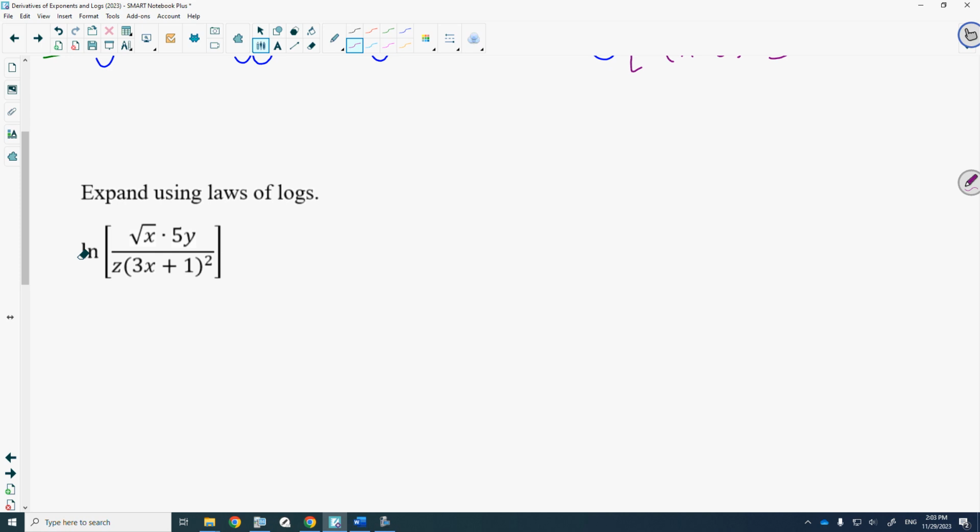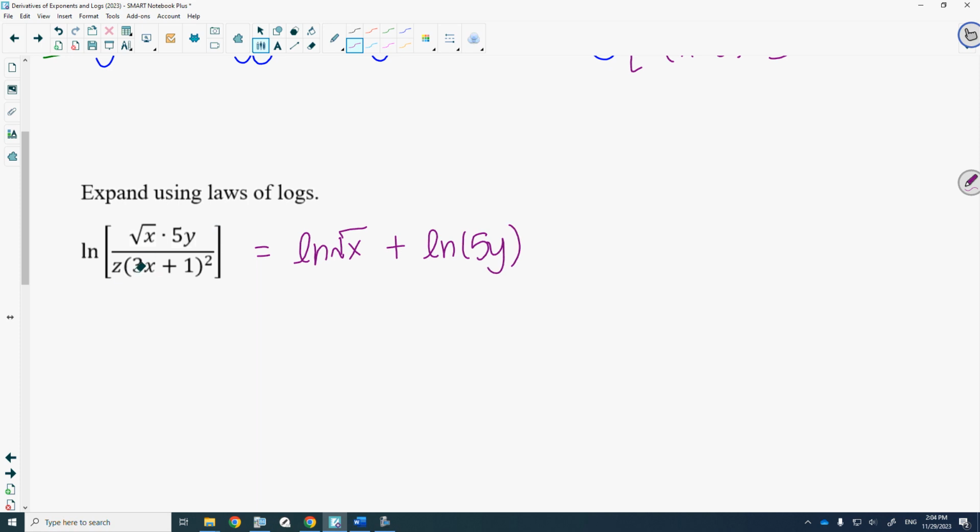So how I would break this apart is I would say, okay, these two are on top, so it's going to be the natural log of square root of x plus the natural log of 5y. Okay, so put that guy in a bracket.